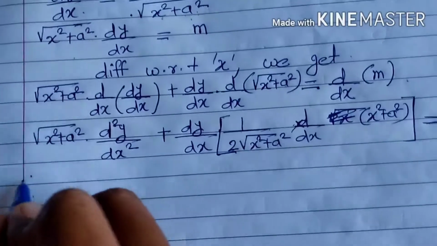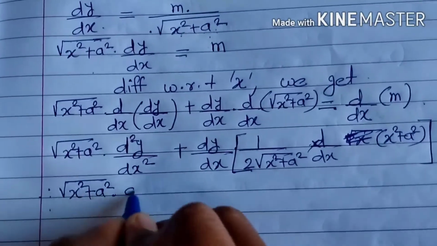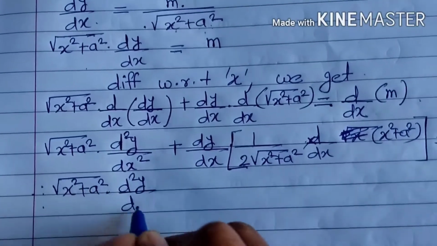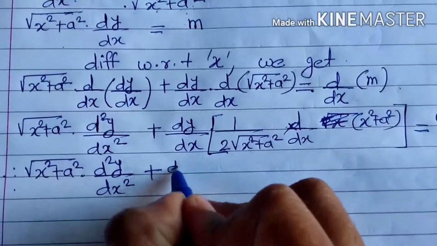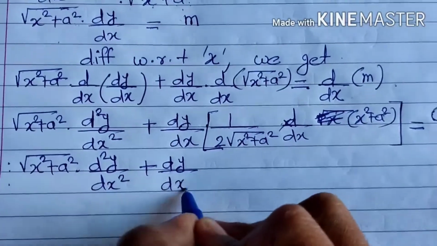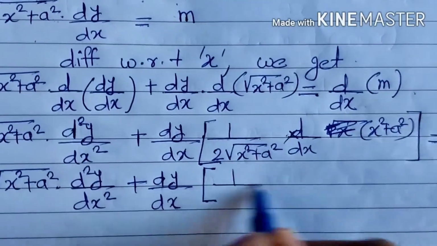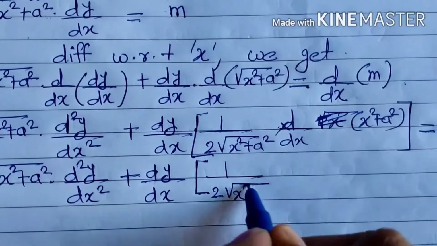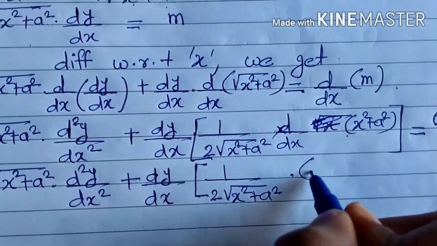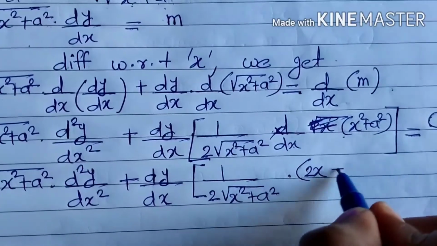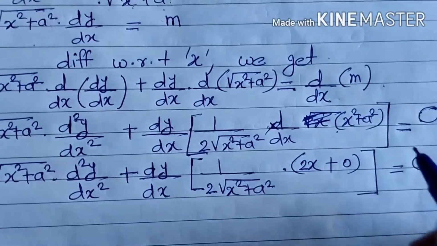So therefore under root of x square plus a square into d2y upon dx square plus dy upon dx, which is 1 upon 2 under root of x square plus a square, and this derivative of x square is 2x and derivative of a square is 0, which is equal to 0.